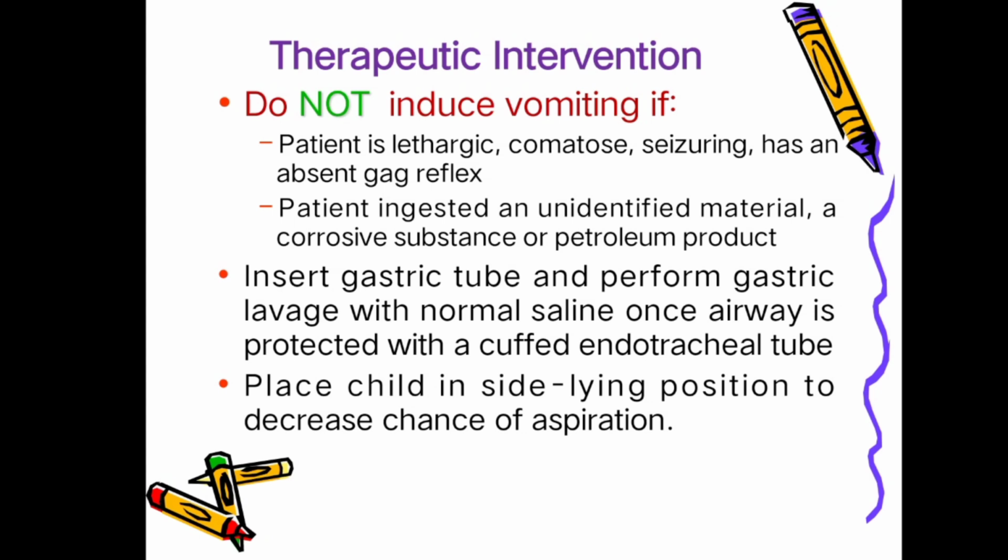Also do not induce vomiting if the patient ingested an unidentified material, a corrosive substance or a petroleum product. Insert the gastric tube and perform gastric lavage with normal saline once the airway is protected with a cuffed endotracheal tube. Place the child in a side-lying position to decrease the chance of aspiration.